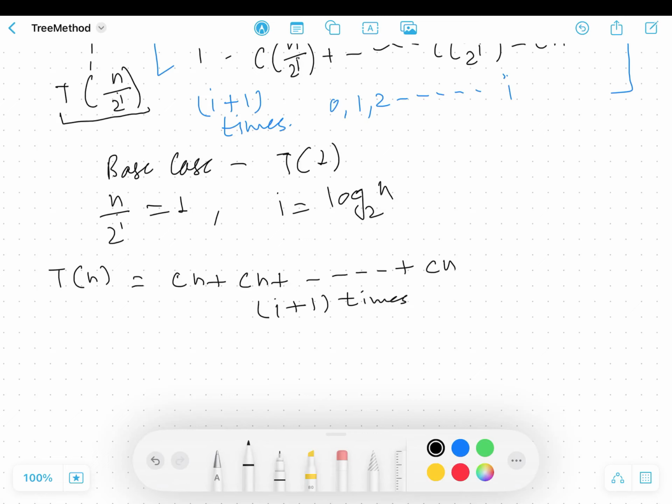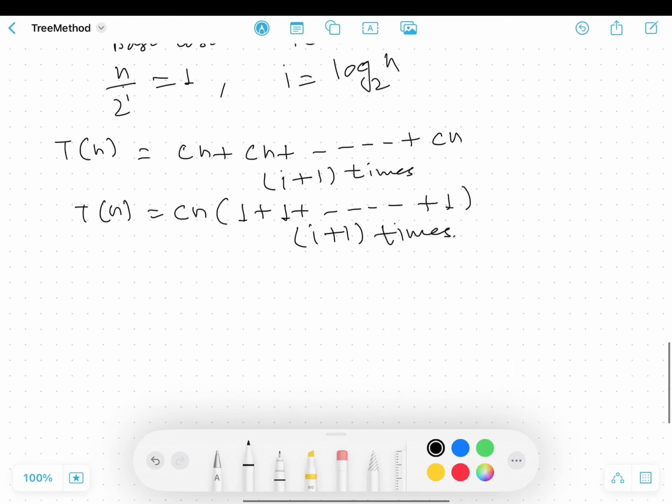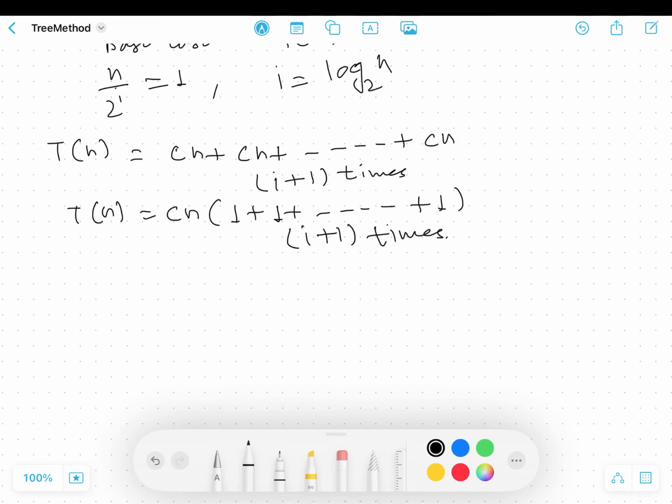This will turn out to be, if we take Cn common, i plus 1 times. And what is i? i is log base 2 of n.